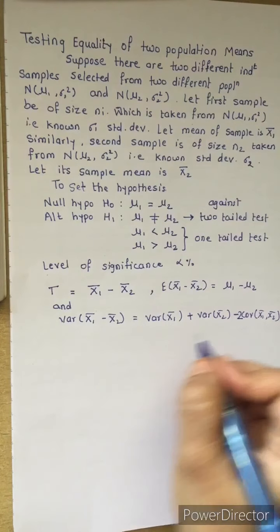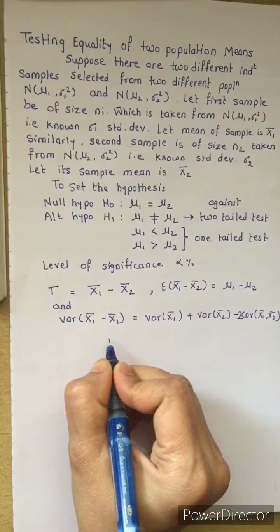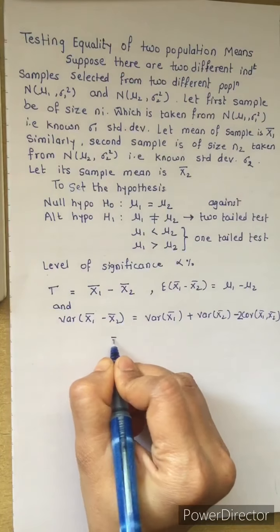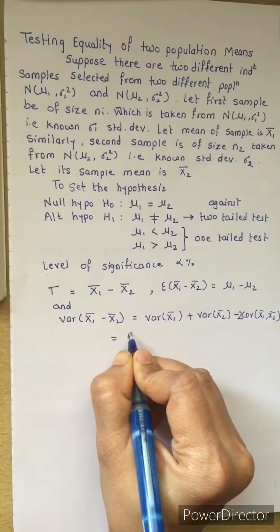Okay. So we put in the values. As we know, the variance of the mean for the first sample, whose variance is sigma 1 square and size is n1, is sigma 1 square upon n1. Likewise, the variance of x2 bar is sigma 2 square upon n2.